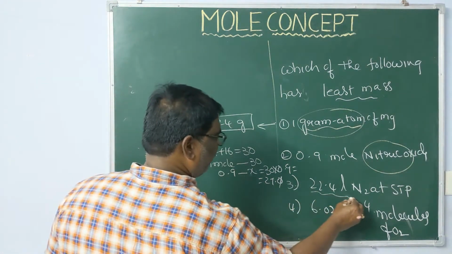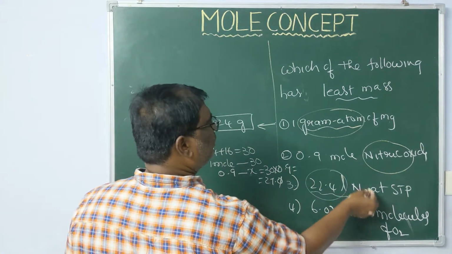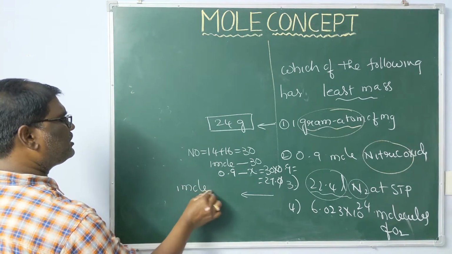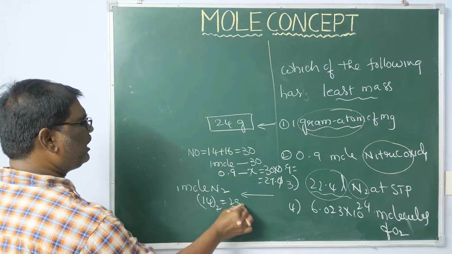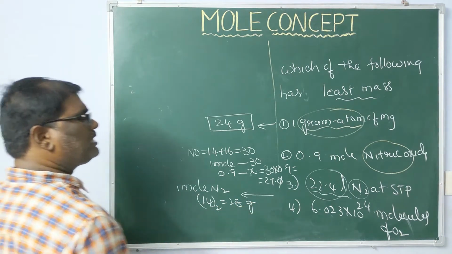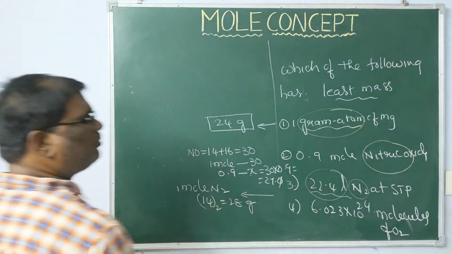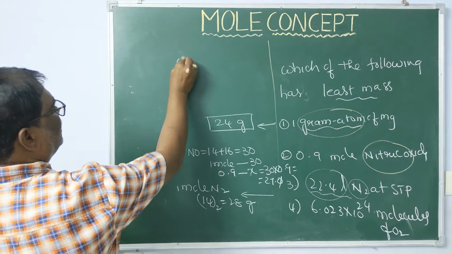Now 22.4 liters of nitrogen. This is nothing but 1 mole. So what is the weight of 1 mole nitrogen? 1 mole nitrogen weight is nothing but 14 taken 2 means 28 grams. The last one, 6.023 into 10 power 23 molecules are there, 1 mole oxygen.